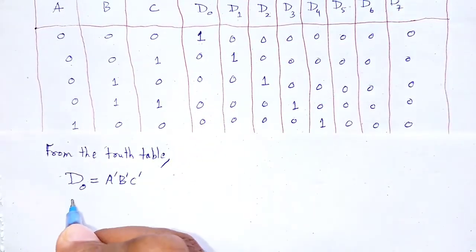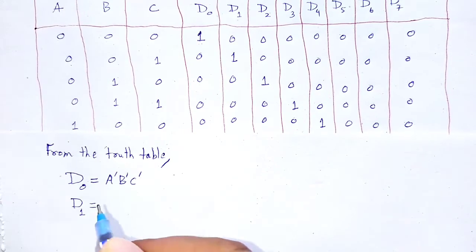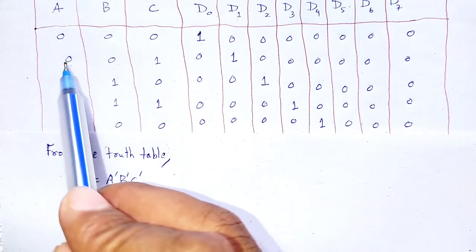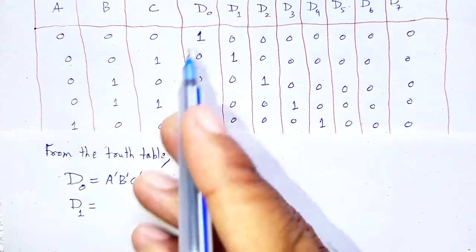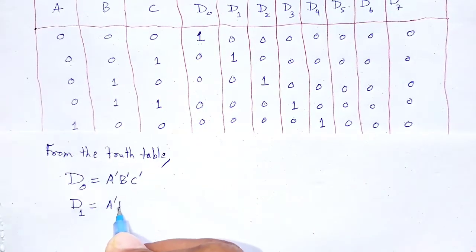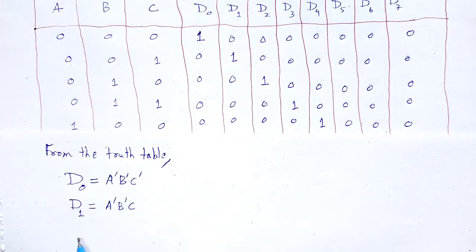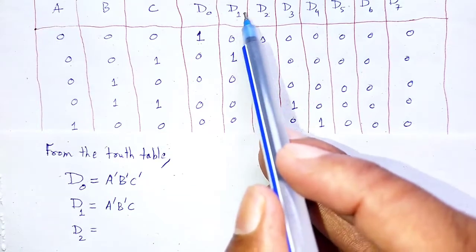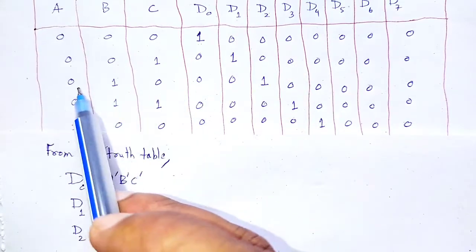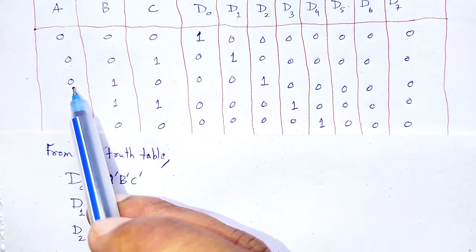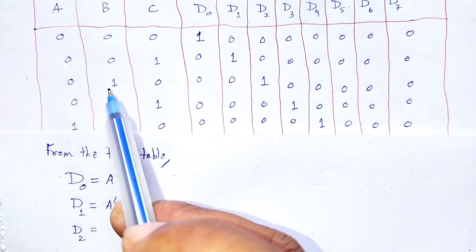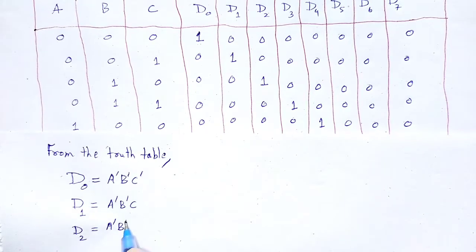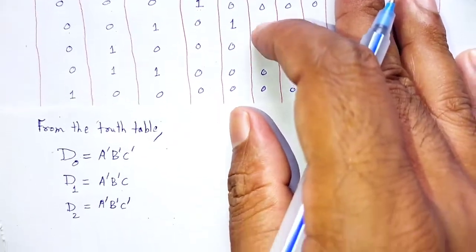Next for D1, 1, possible inputs 0, 0, 1: A dash, B dash, C. D2 here 1, inputs 0, 1, 0: A dash, B, C dash.